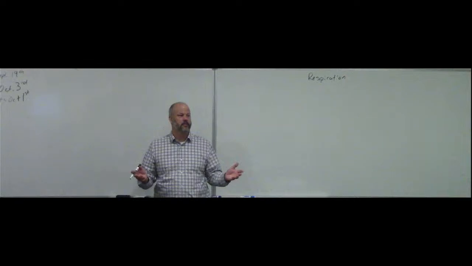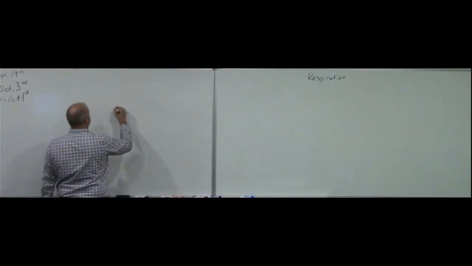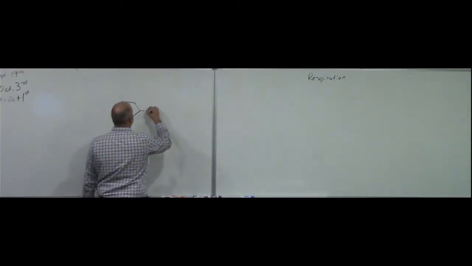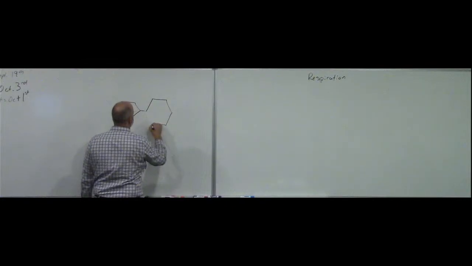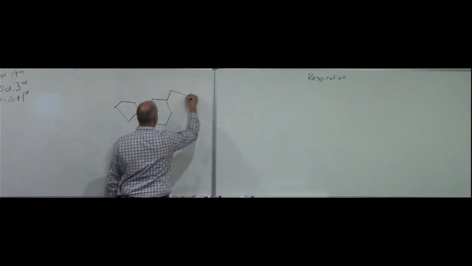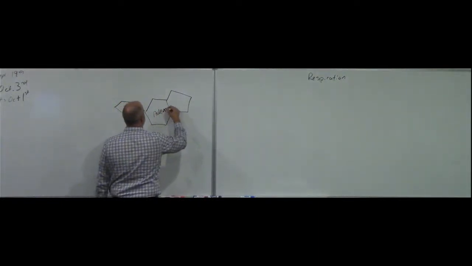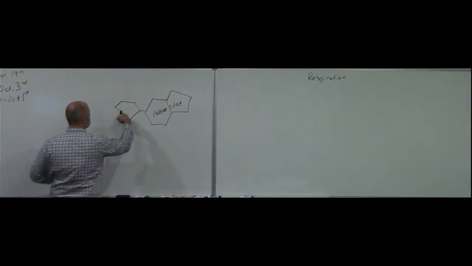Same answer. It's in the bonds. So think about what ATP looks like. I've got this 5-carbon sugar attached to this nitrogenous base. Right? This is adenosine, hence the A in ATP. Right? This is the ribose.